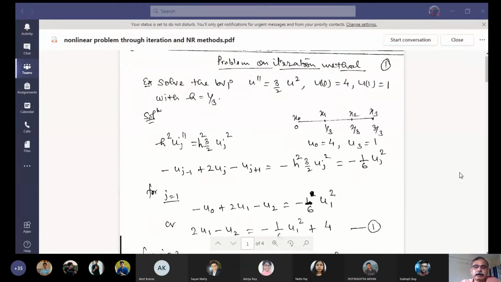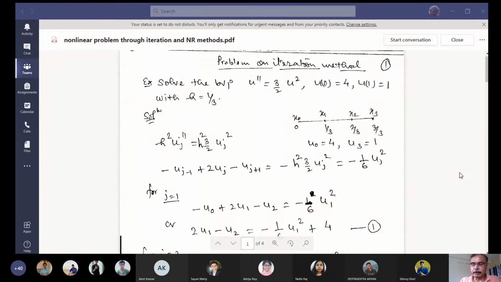I have already explained how to derive Newton's method for the vector case, where more than one nonlinear equation is present. So we'll see a demonstration through one example of both the iteration method as well as the Newton-Raphson method.